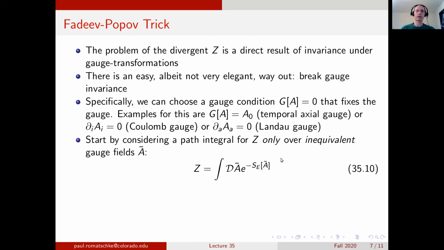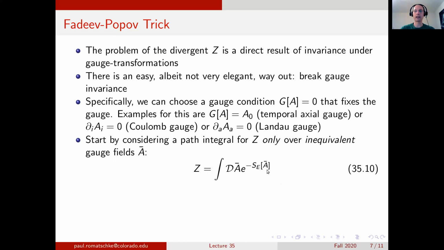So if we start by considering a path integral for Z that is only a path integral over gauge inequivalent fields, Ā, then because all of these are inequivalent under gauge transformations, this partition function is not divergent.